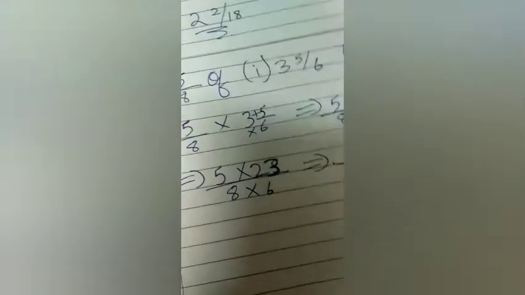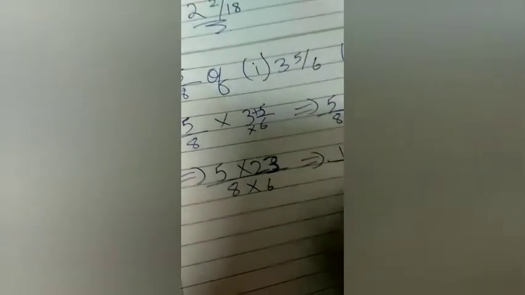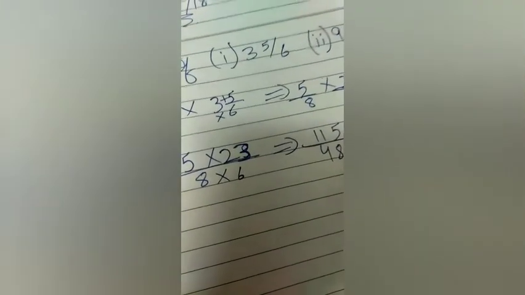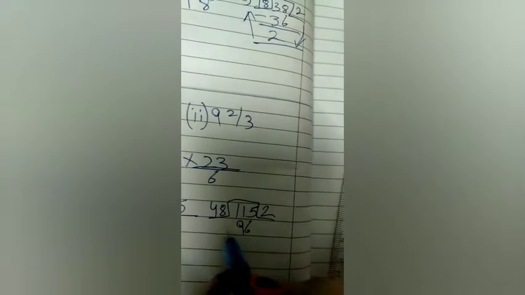115 by 48. Now, as it is an improper fraction, we need to convert it into a mixed fraction. To convert into a mixed fraction, we need to do division. 115 divided by 48. 48 multiplied by 2 is equal to 96.